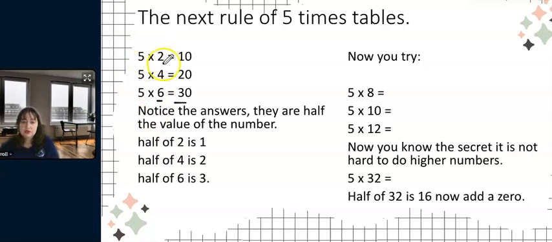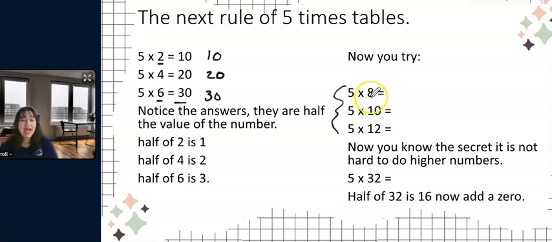So in this case, we're going to say, okay, what's half of 2? Well, that's 1, and it's even, so it ends in a 0. What's half of 4? It's 2, and it's even, so it ends in a 0. What's half of 6? 3, ends in a 0, so it's 30. So you try these over here. This is 5 times 8, 5 times 10, and 5 times 12. Did it work?